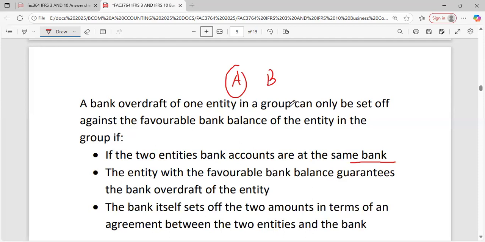That's when you can now be able to set off the bank overdraft of another company in the group. That is, if the two entities' bank accounts are at the same bank, and also the entity with the favorable bank balance guarantees the bank overdraft.